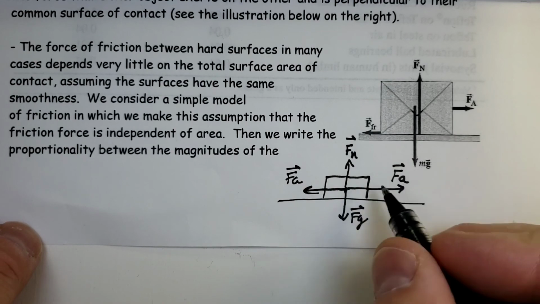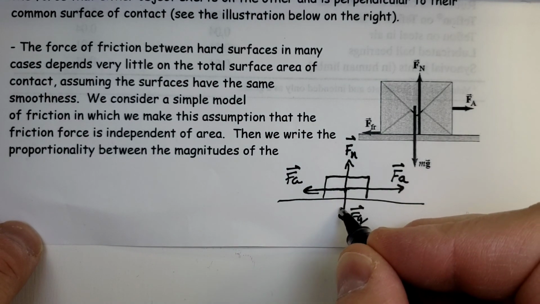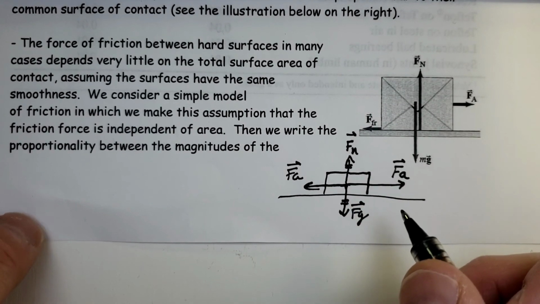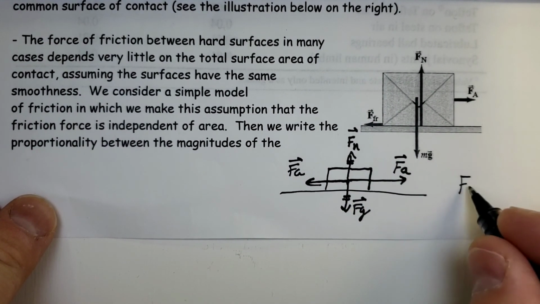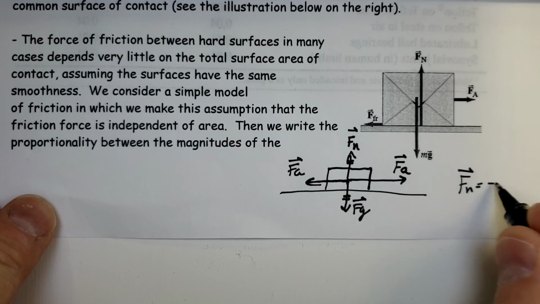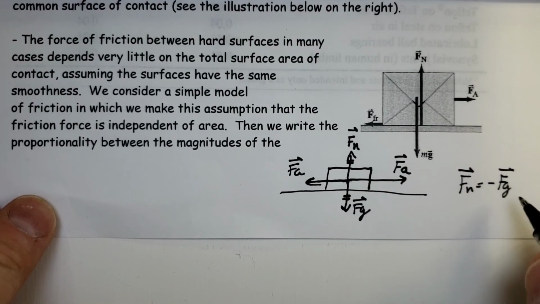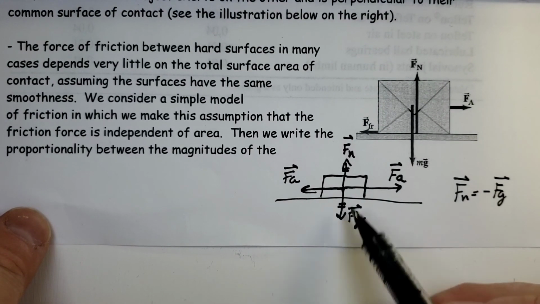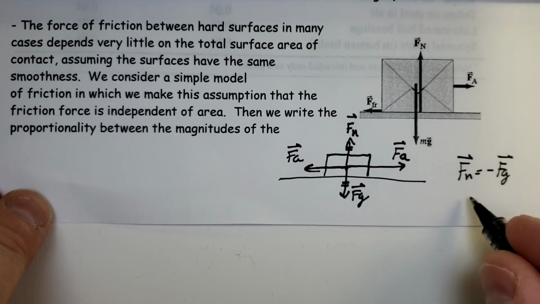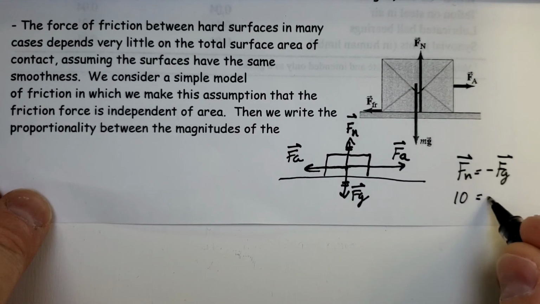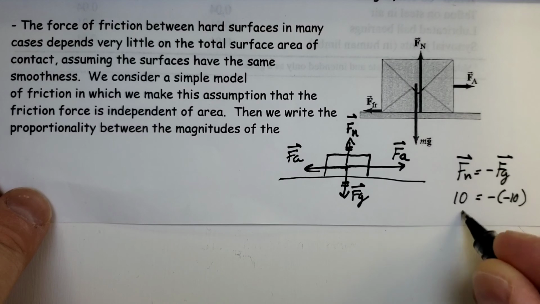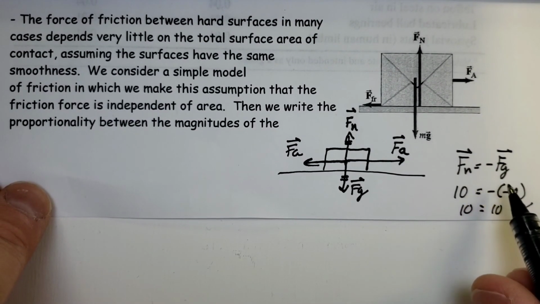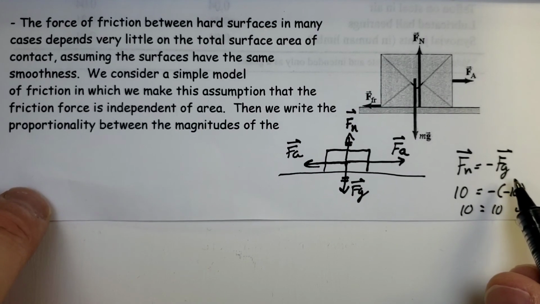If I don't have any other angled forces, Fg and Fn will be equal and opposite. So Fn is equal to Fg in magnitude, but in terms of direction it'd be negative. If this is negative 10 newtons, this would have to be positive 10 newtons. That's why we say Fn is equal to negative Fg.